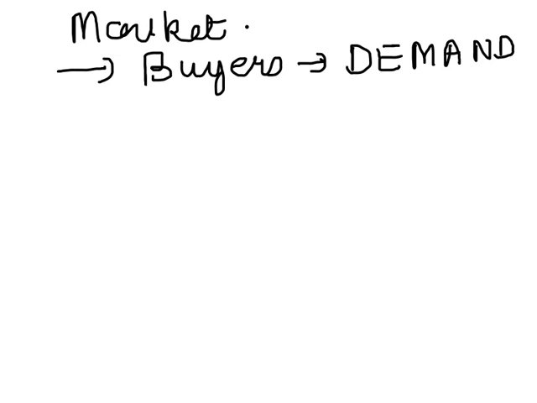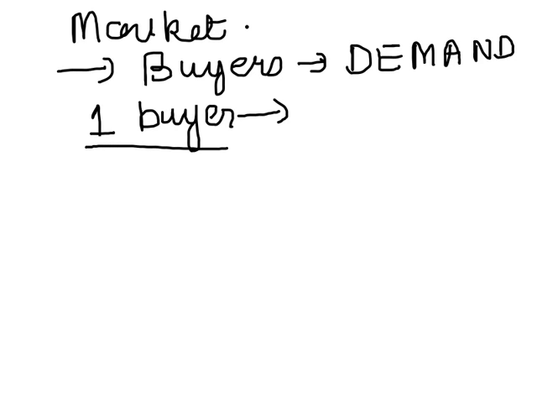In terms of this lesson, initially we looked at the behavior of one buyer, and we found that this person buys more at a lower price and less at a higher price. After examining the economic behavior of one buyer, we looked at the economic behavior of two buyers and tried to derive, or we did derive, the demand curve of both buyers taken together.